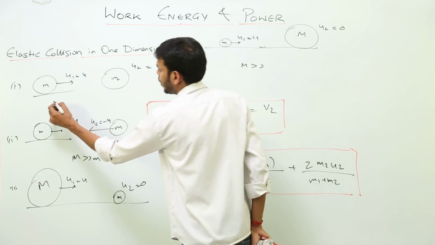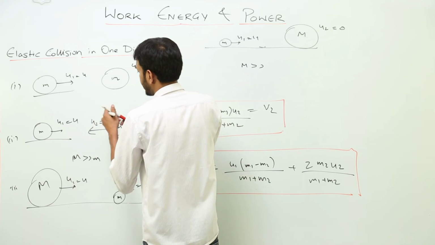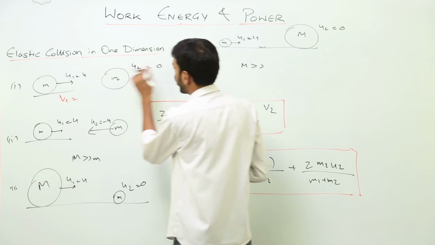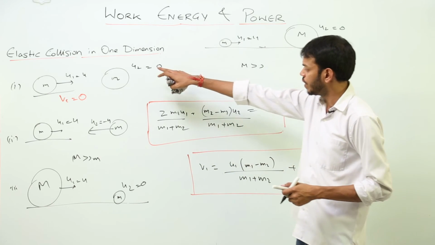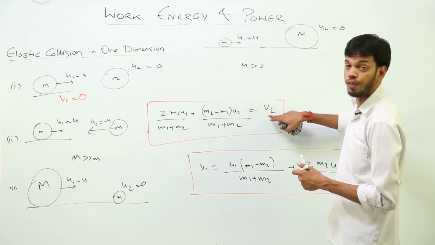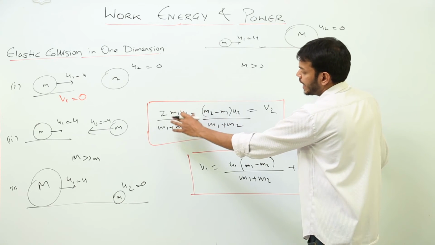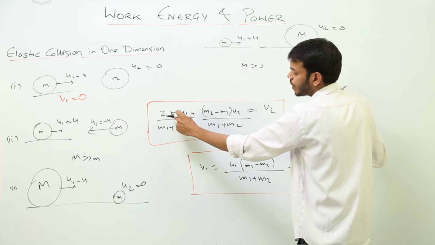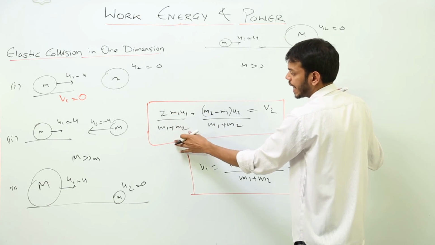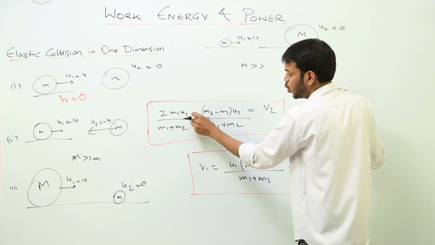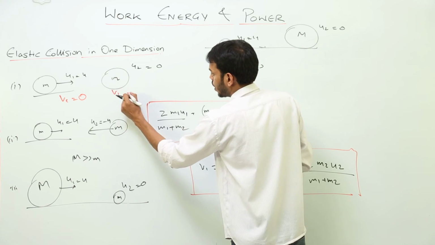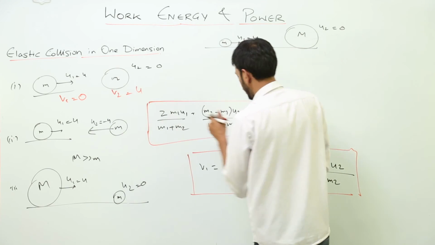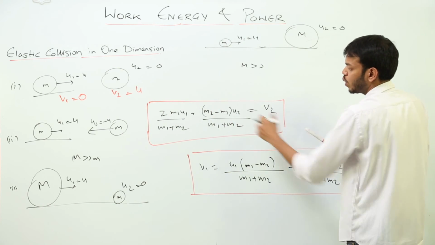What is v1? Its final velocity will be u2. What was u2? 0. Now if I try to get the value of v2, start with the same thing, 2m upon 2m cancels out, you are left with u1. So v2 is equal to u1. What was u1? u, and this term becomes 0 because these two are equal.